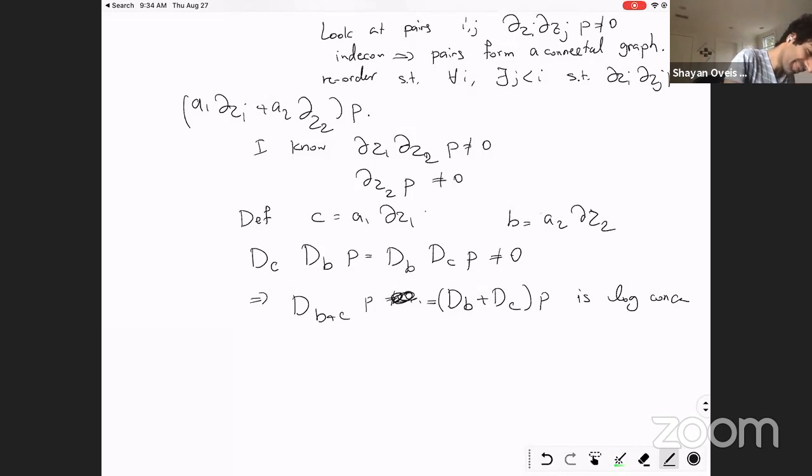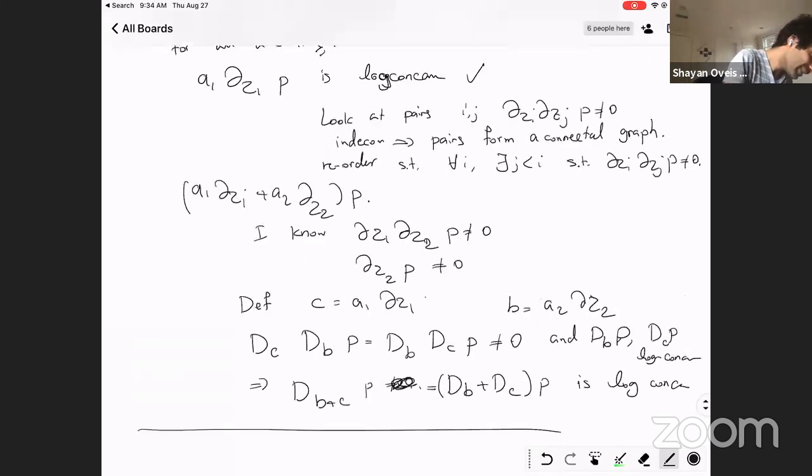This is non-zero, and dB of P and dC of P are both log concave, and dB dC and dC dB are the same. So this says that the summation of dB and dC is log concave, and that's what we needed. Sorry, this was a bit rushed.